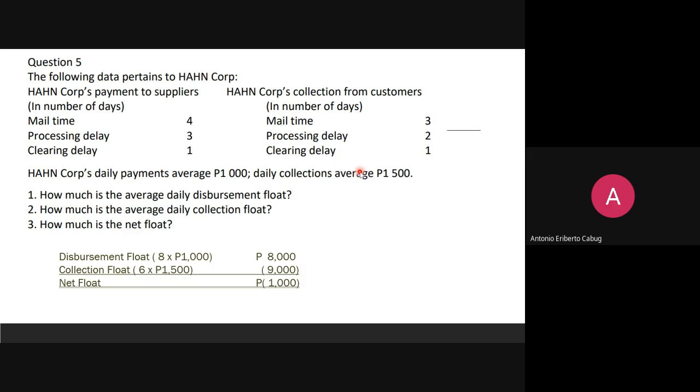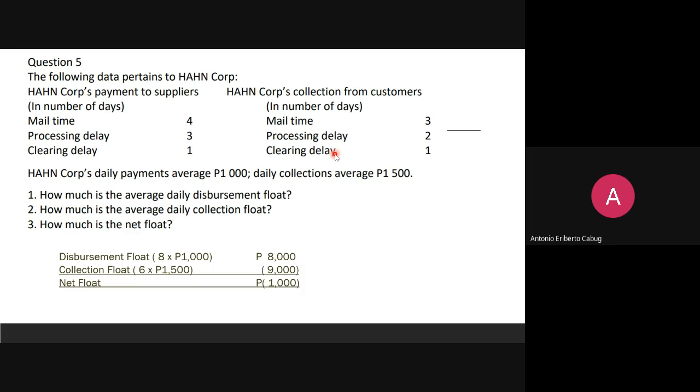Papa-deposit natin. Ano ang mangyayari pag ganun? It will take 1 day, no? A 1-day delay. So there's nothing that we can do about the clearing delay. There is nothing that we can do about clearing delay.